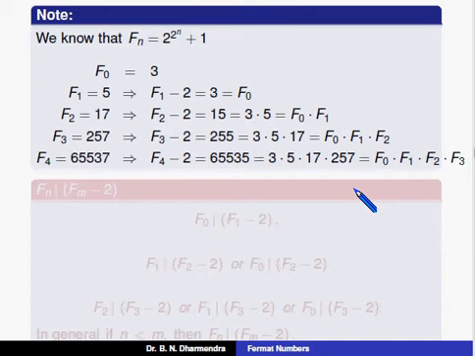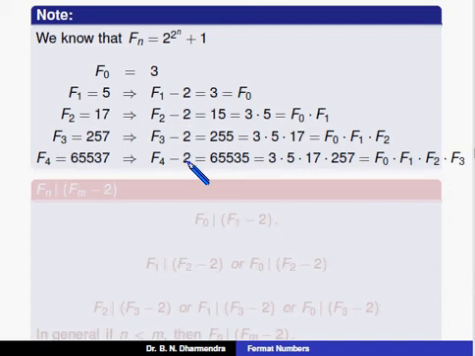So when I observe the terms here, F1 minus 2 is equal to F0, which means F0 divides F1 minus 2. Similarly, F2 minus 2 means F0 divides F2 minus 2, and F1 divides F2 minus 2.